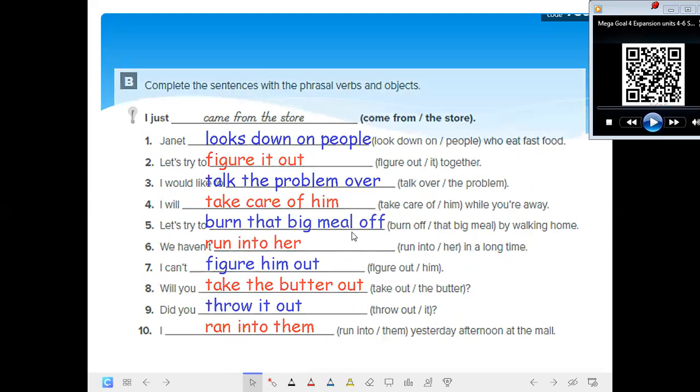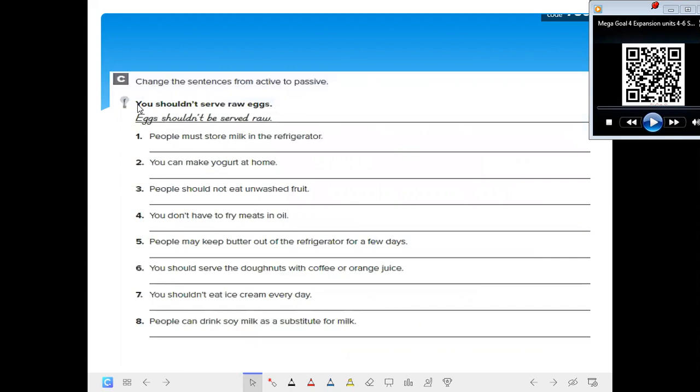Okay. Now, my dear students, let's go to exercise C. As you see here, he wants you to change the sentences from active to passive. As you see for the example he gave, you shouldn't serve raw eggs. If we want to change the active sentence into a passive sentence, we have to start with the object and the modal verb, if there is a modal verb.